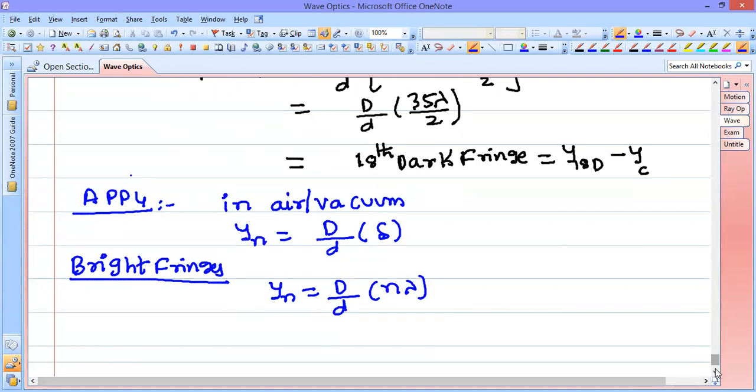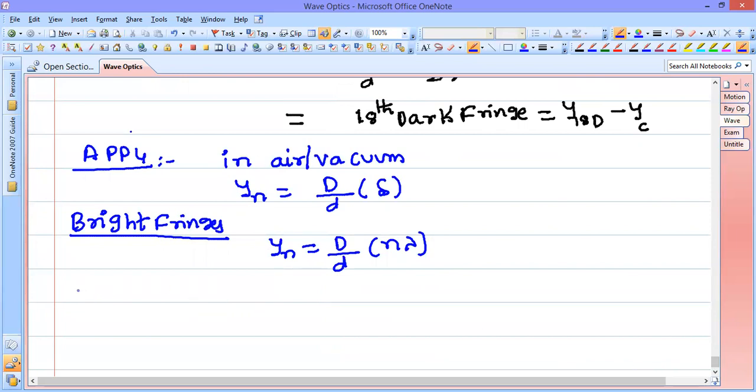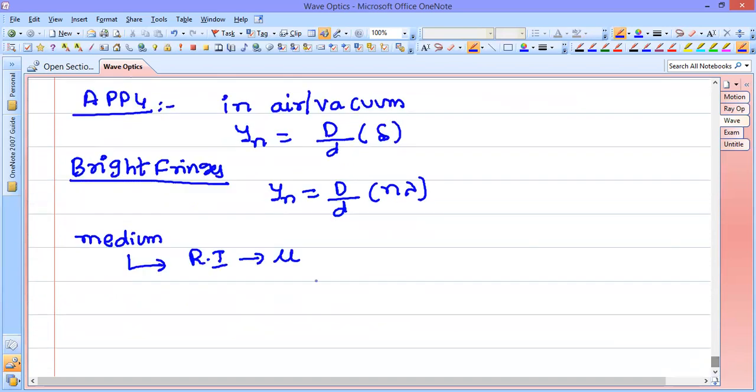Now, the same experiment I have done in a medium having a refractive index mu. Then I want to find whether the fringe width is less than the previous fringe width, or greater, or equal. If the same experiment is placed in a medium, what will be the fringe width?